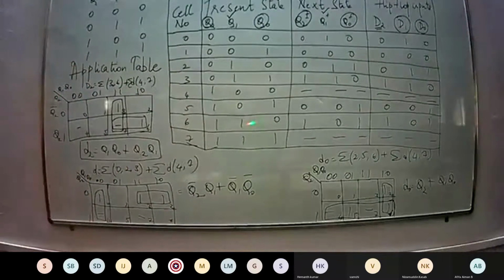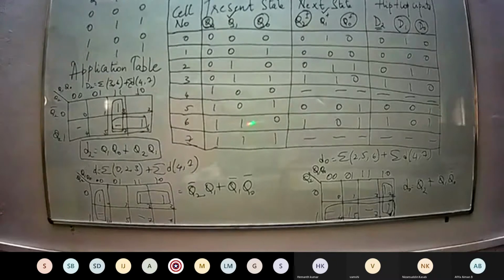Okay, any doubts? Any doubts? Nobody? Anupama? Yes, ma'am. Understood? Yes, ma'am. Chaitanya Raj? Yes, ma'am. Understood?